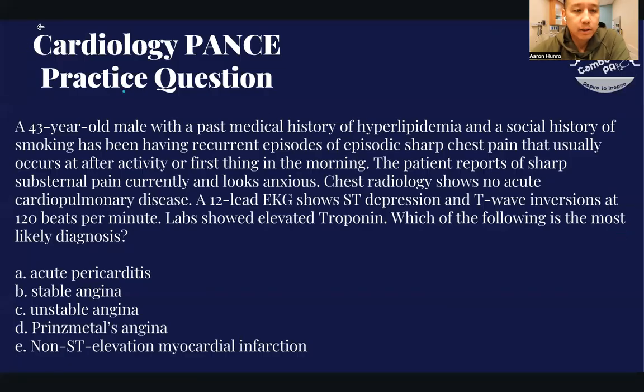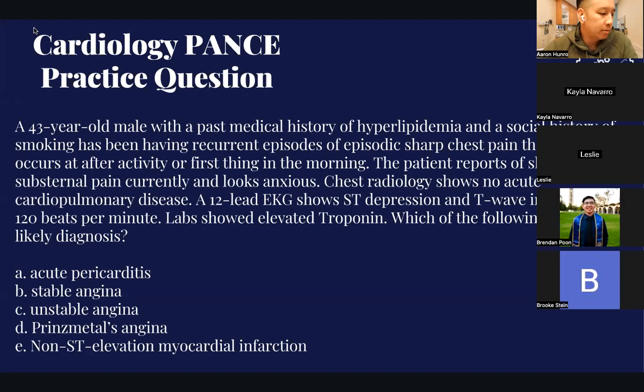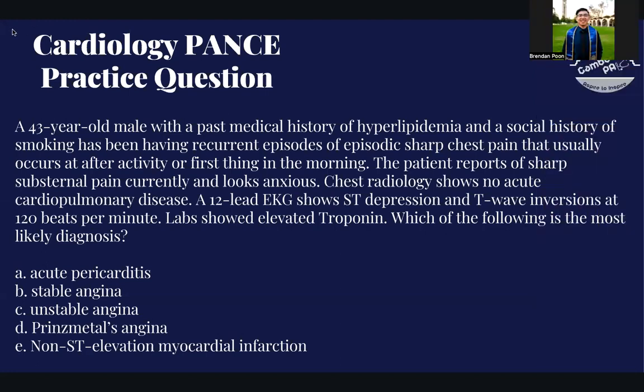All right, can somebody read this PANCE question for me, and then we can talk about the possible answer? I can read it. All right, go ahead, Brendan. A 43-year-old male with a past medical history of hyperlipidemia and a social history of smoking has been having recurrent episodes of sharp chest pain that usually occurs after activity or first thing in the morning.